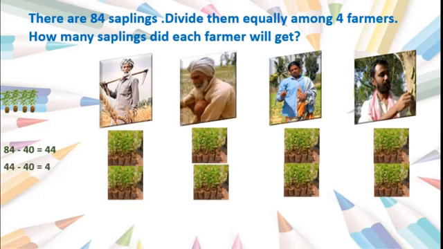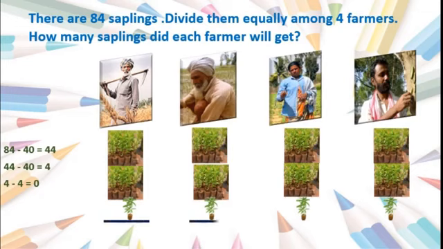Again these 4 we will divide among ourselves by 1. Yes, like that they took 1 sapling out of 4. Now he said 4 minus 4 is 0. Nothing remained. Correct?